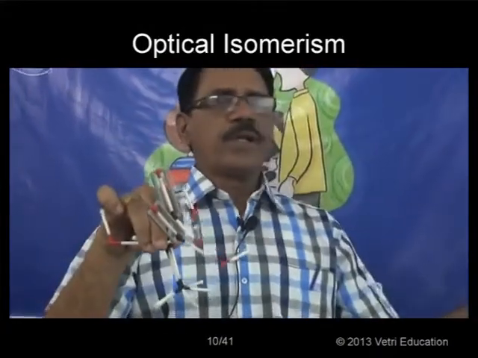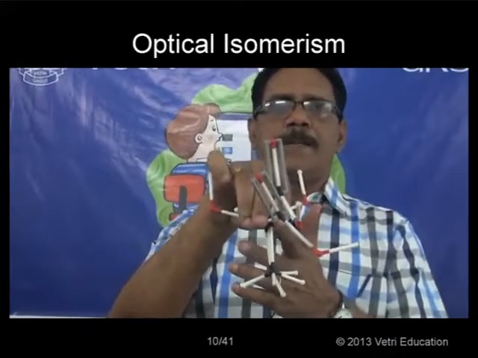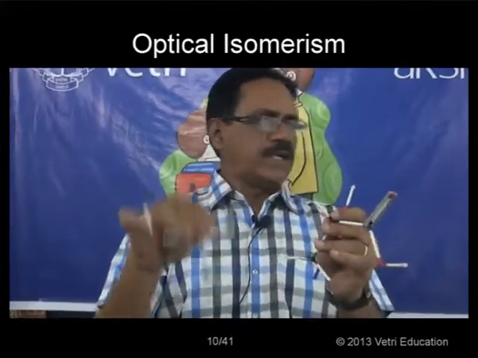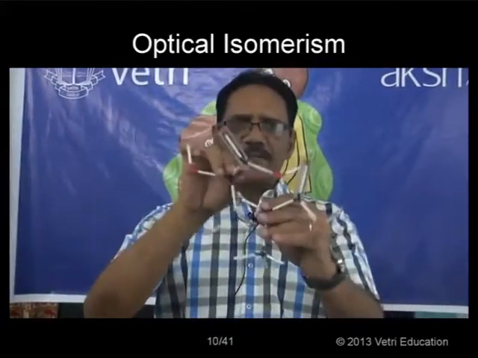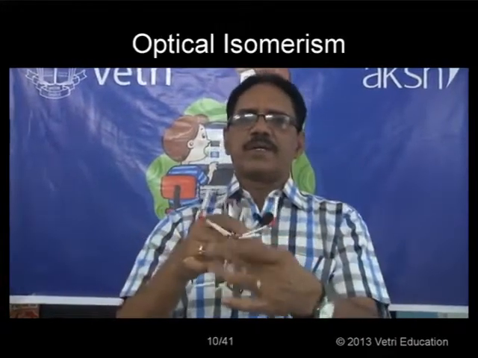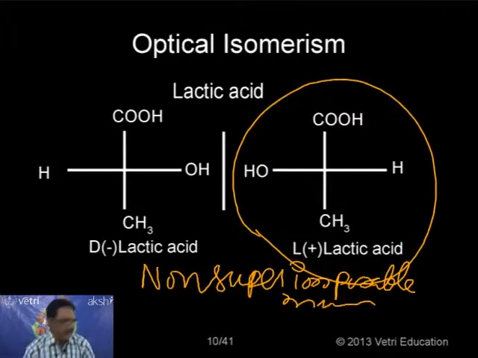I have two acids, one D minus, another L plus lactic acid. When I try to fix one over the other, only two groups coincide, the other two do not. H and OH are different. So this is the most important information.